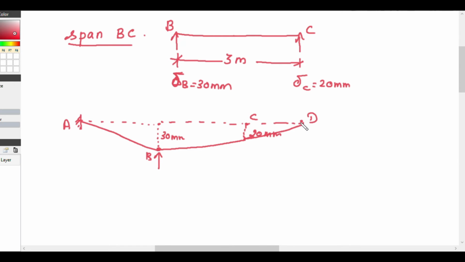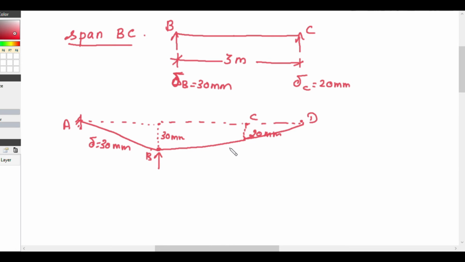See, that means when you are considering the span AB, this is settling downwards. Delta is 30 mm. For the span BC, the settlement goes upwards.